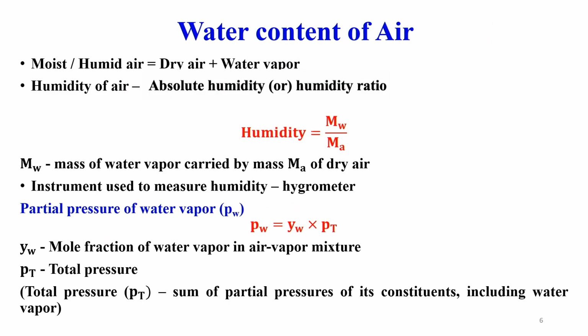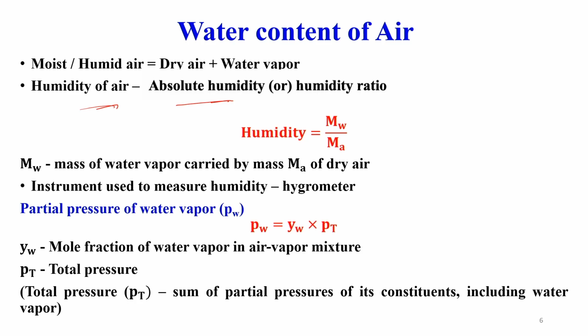Now, how do you define the water content or humidity? When we say it is humid or moist air, it means it has dry air plus some water vapor. The same concept comes if I say humidity of air, or absolute humidity or humidity ratio.